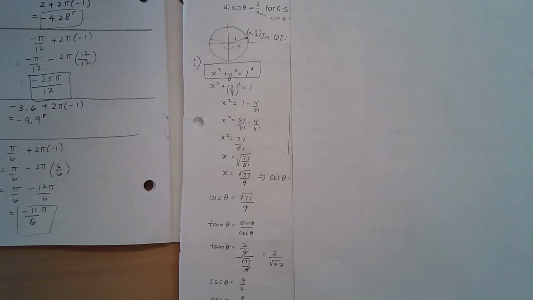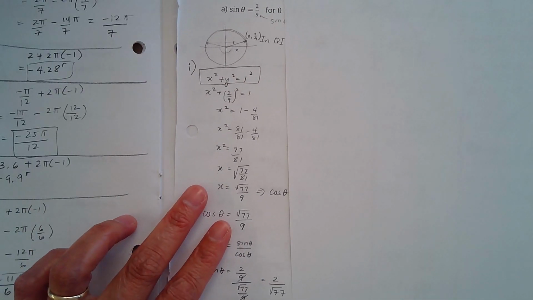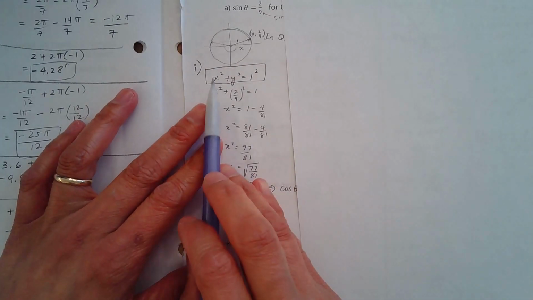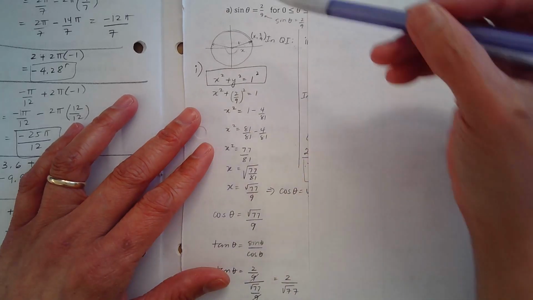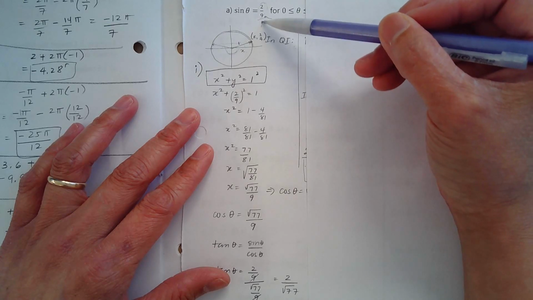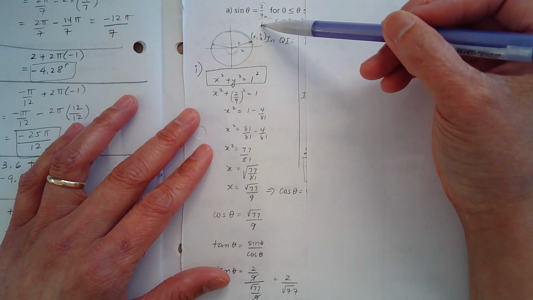We got the same answer. We got the same thing, but what did I do? X squared plus y squared equals 1 squared. So I took the whole thing as the y, and then the denominator is 1, to make the radius 1.